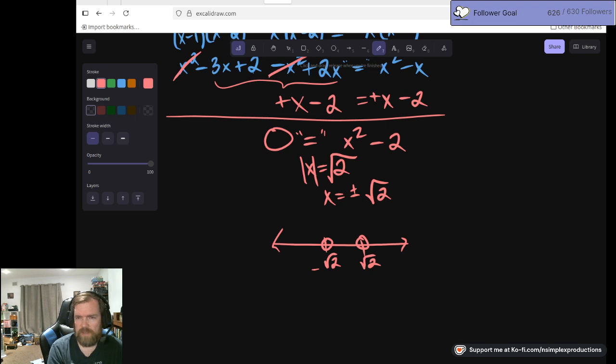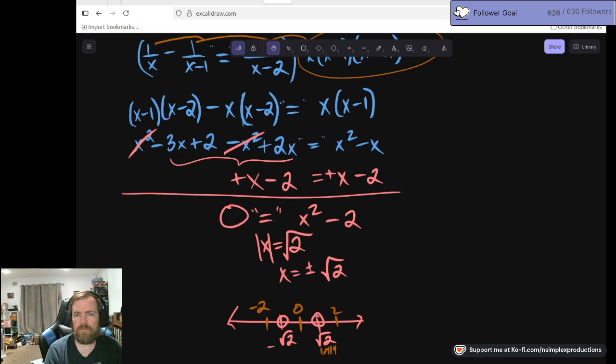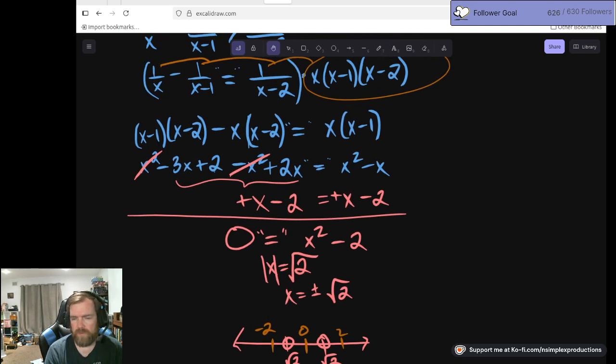So pick some test values. Let's try 0. Let's try, this is 1.414, give or take. So let's try 2 and negative 2. Right, so we go up to the original problem, and we say if we plug in 2, we're in trouble.